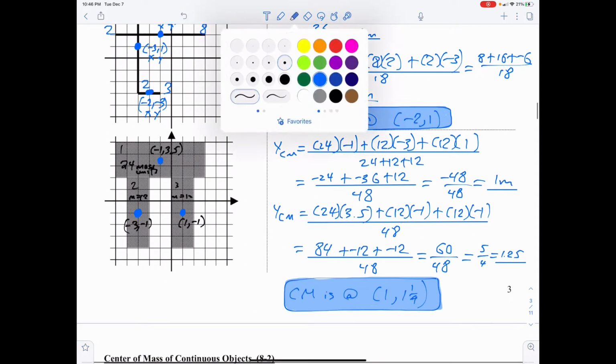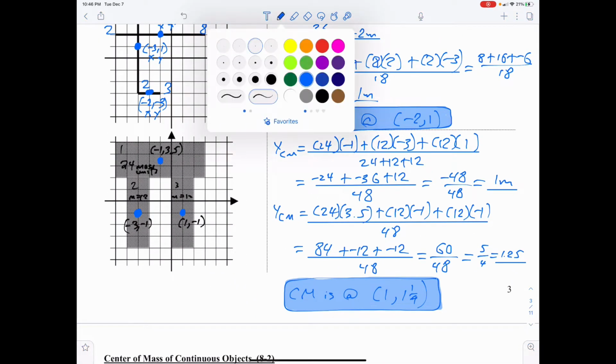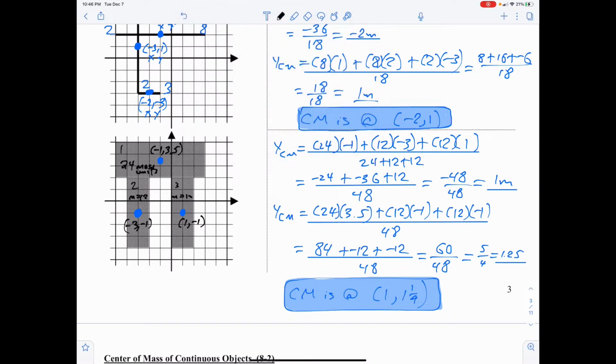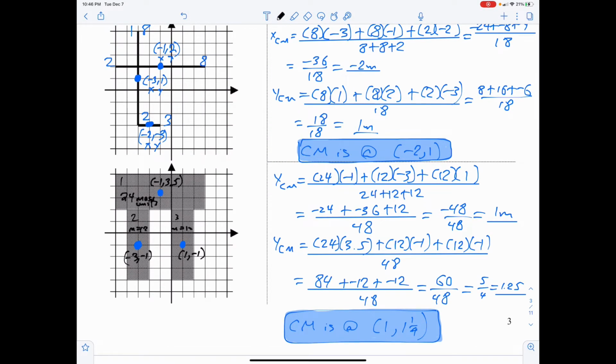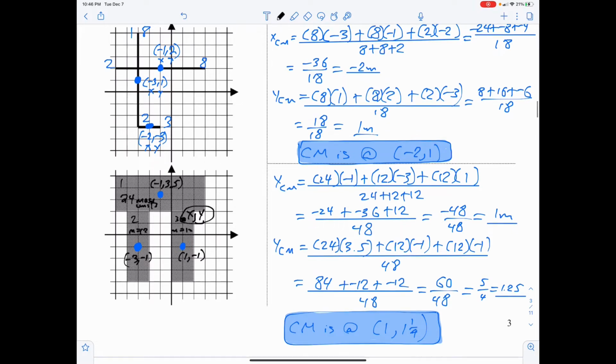Okay, so to make a final mark in terms of the position here: negative 1, go over 1 and then up 1 1/4. That would be right there. There's your XY center of mass right there.